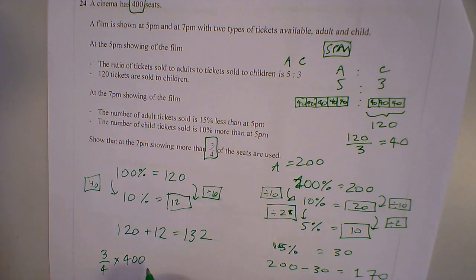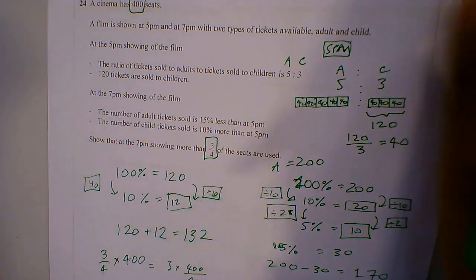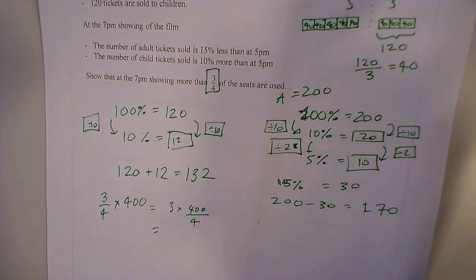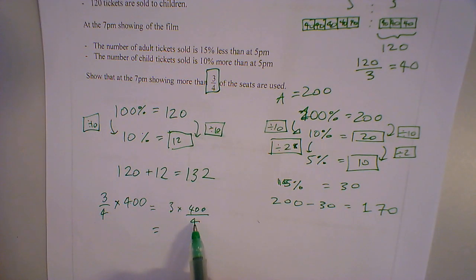Okay, so that's the same as 400 divided by 4. 400 divided by 4 is 100, so 3 times 100 gives me 300.